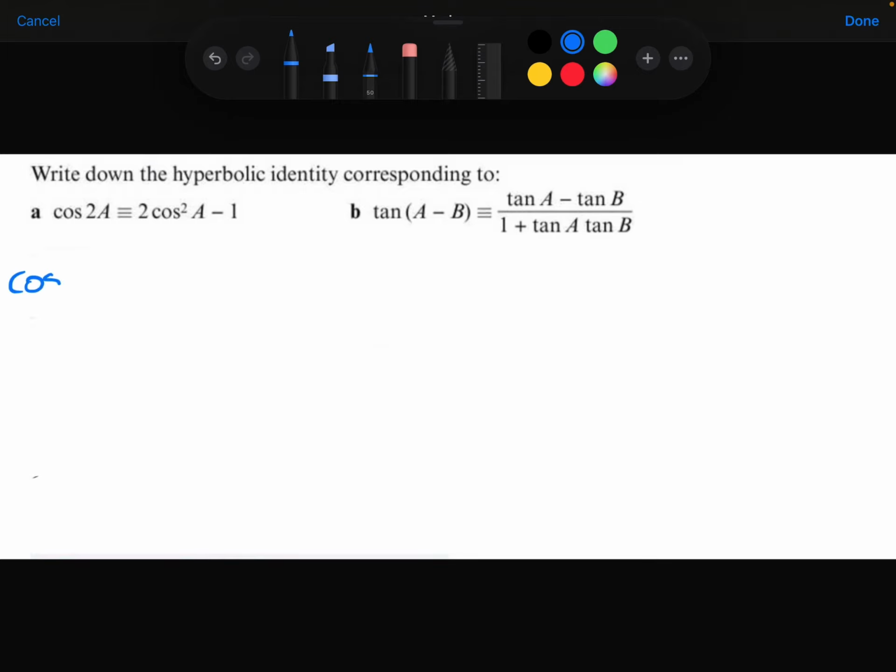So I could also say that cosh 2A is going to be equal to 2 cosh squared A minus 1. I'm simply swapping the cos for cosh. There is no sinh times sinh in this whatsoever, so I'm not changing any of the signs. It's just going to be exactly as the trigonometric function is.